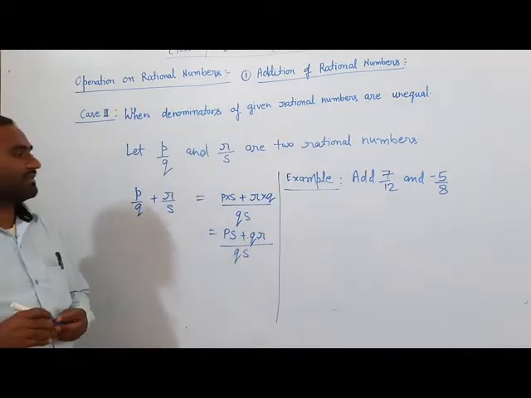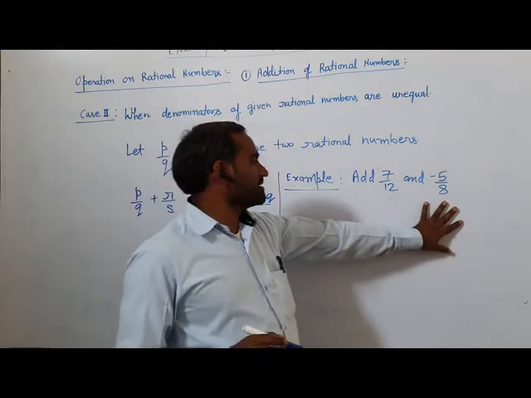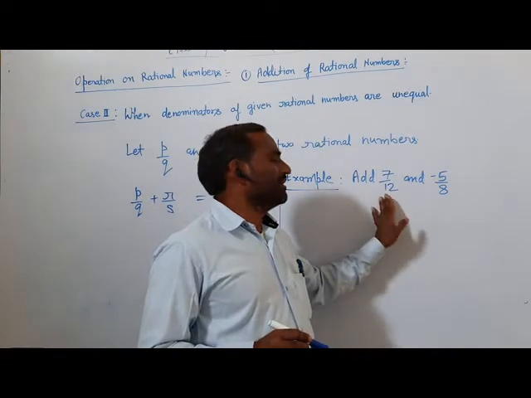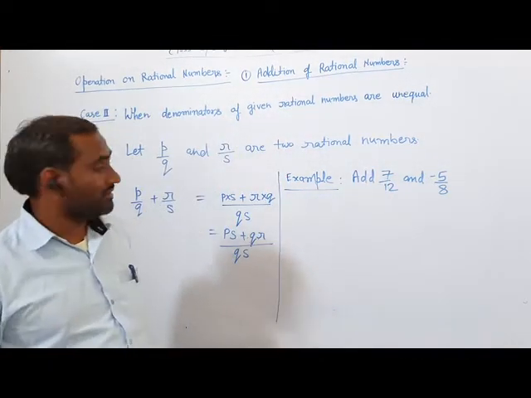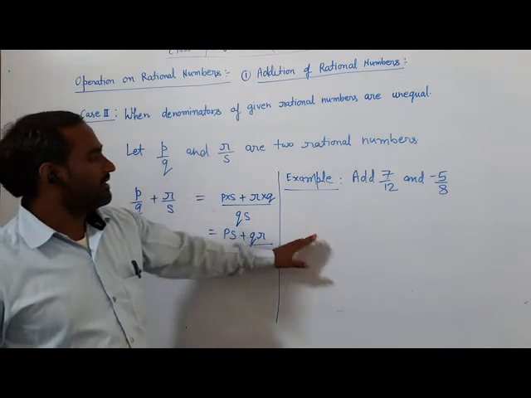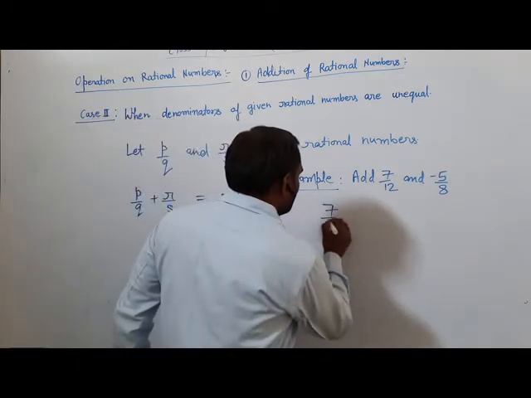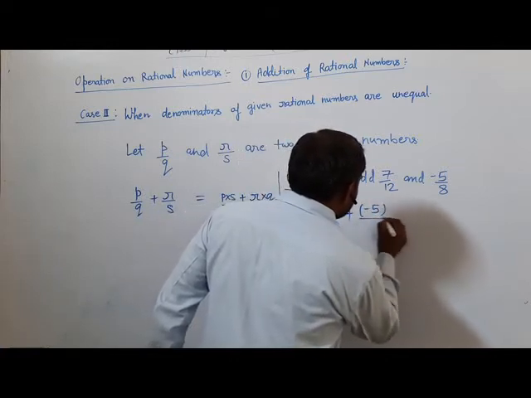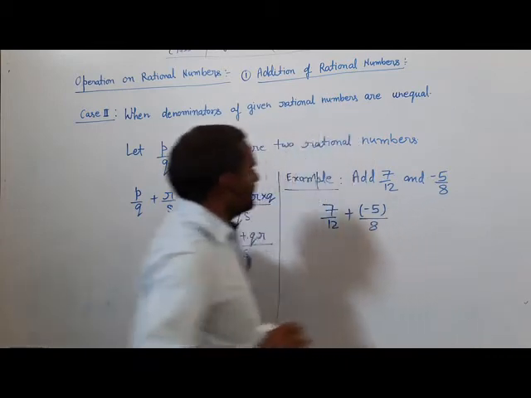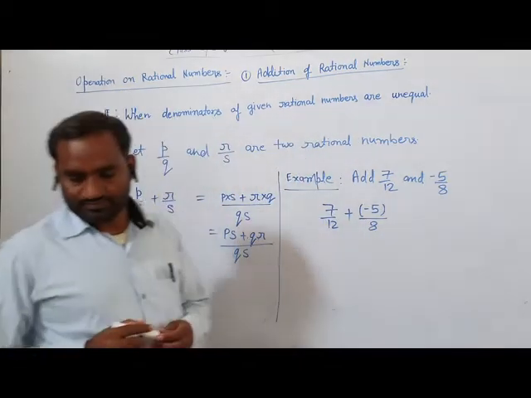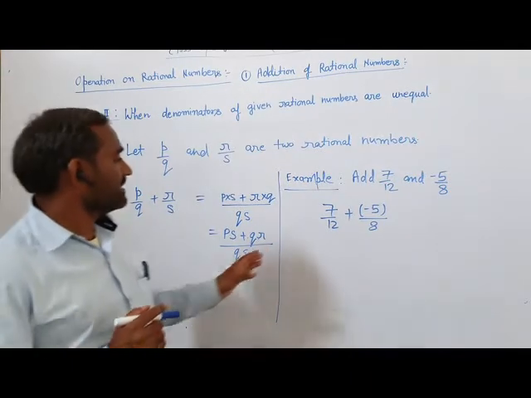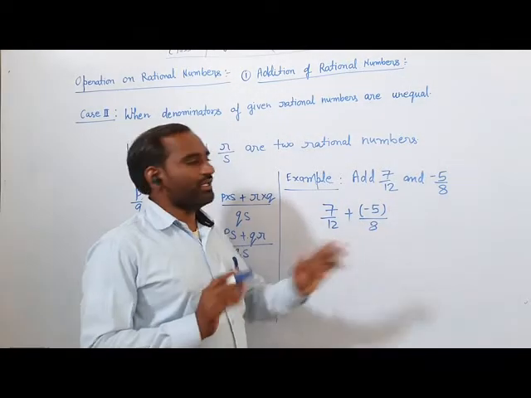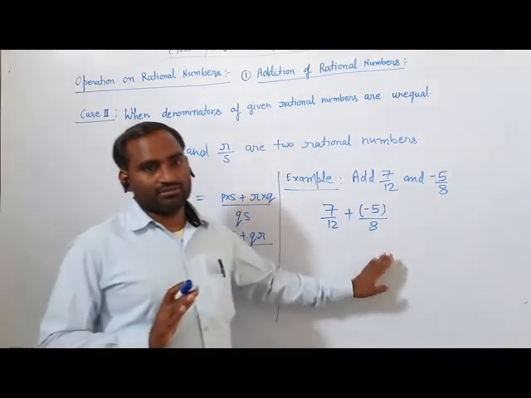Here we see that in both rational numbers the denominators are unequal, meaning not equal. First step, we write 7 by 12 plus minus 5 by 8. Here the denominators of both rational numbers are positive, so there is no need to change the sign of the denominator.